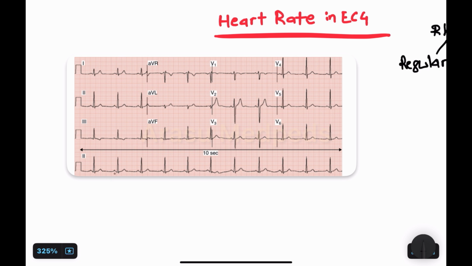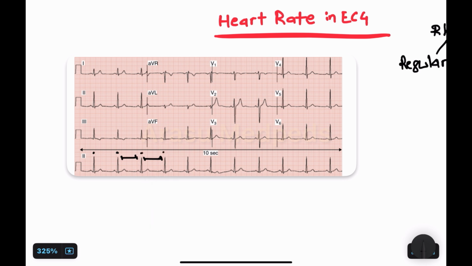By observation of the rhythm strip, we can actually get to know whether the rhythm is regular or not, or else we can just mark the tip of the QRS complex, right? And we have to observe the gap between these 2 points, and that gap should be maintained at each QRS complex tip if it is a regular rhythm.